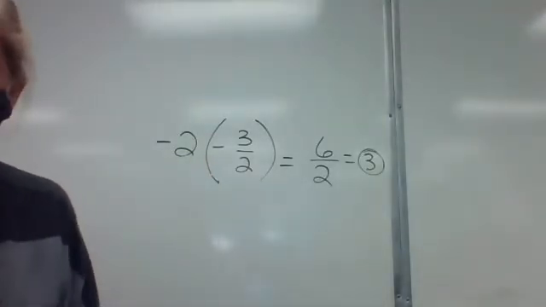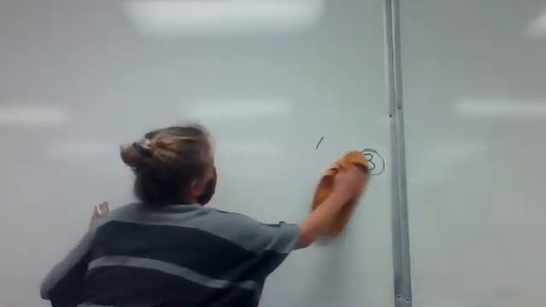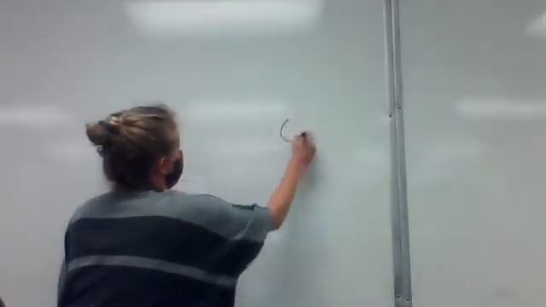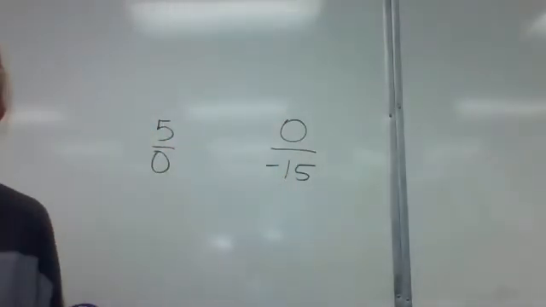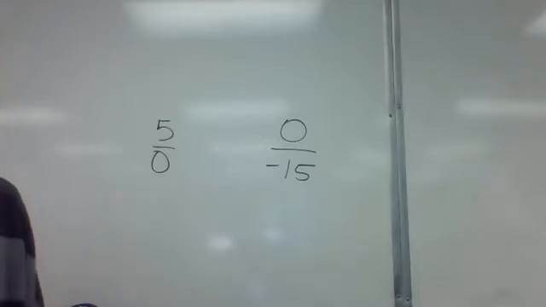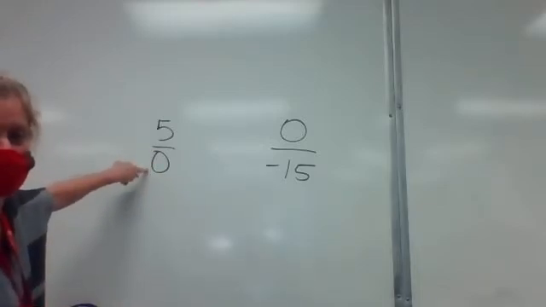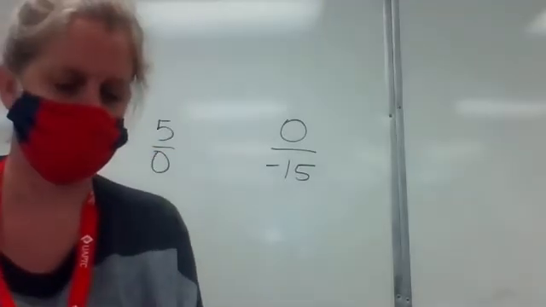Okay, we're going to look at number 6 and number 7 together. Number 6 says divide 5/0. Number 7 says divide 0/-15. Here's the difference. If your 0 is in the bottom of your fraction, you cannot divide by 0, even if you tried to do it.